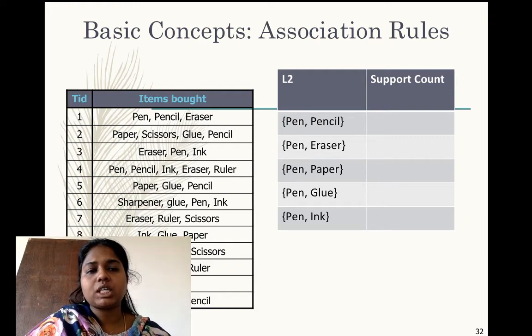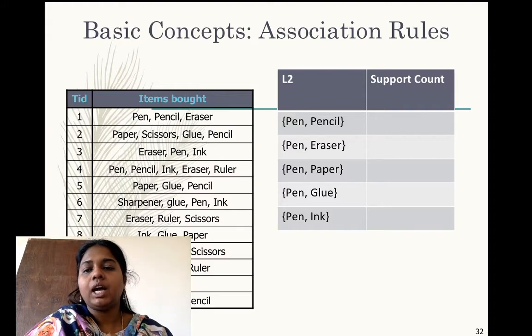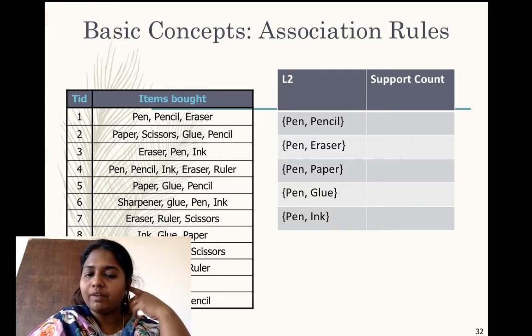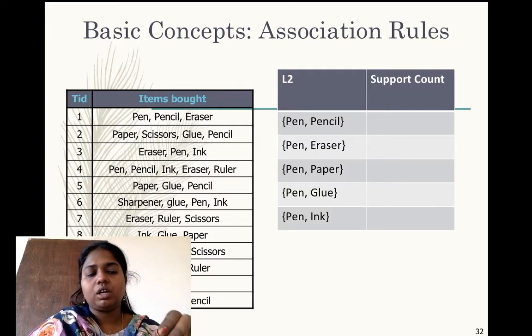Now find out the support count of each of them. Check the number of transactions in which both pen and pencil are present. I have transaction ID 1, transaction ID 4, transaction ID 10 and transaction ID 12. So I have got 4 transactions in which both pencil and pen are present.